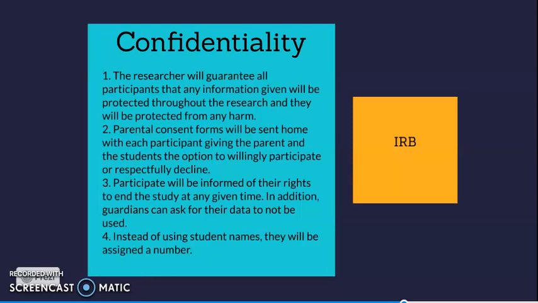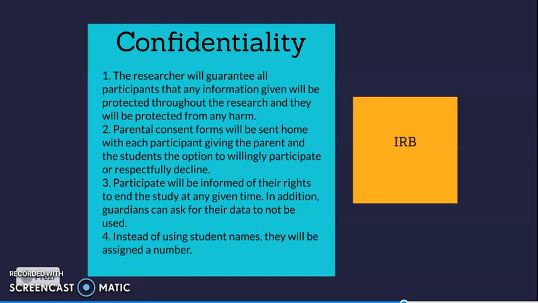Parental consent forms will be sent home with each participant, giving the parent and the students the option to willingly participate or respectfully decline. Participants will be informed of their rights to end the study at any time. In addition, guardians can ask for their data to not be used. Also, instead of using students' names, they will be assigned a number.